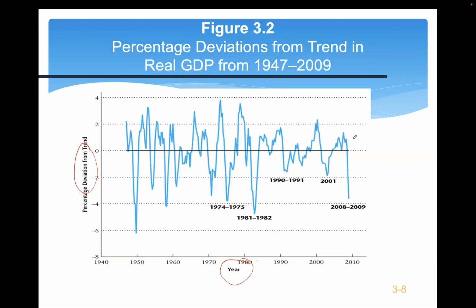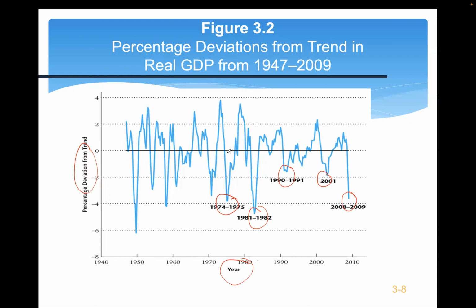Now if we plot this percentage fluctuation, you can see sometimes it's above trend, sometimes below. Let's focus on a few things here. We have 74, 75, 81, 82, 1991, 2001, 2008. What are those? Those are essentially recessions.